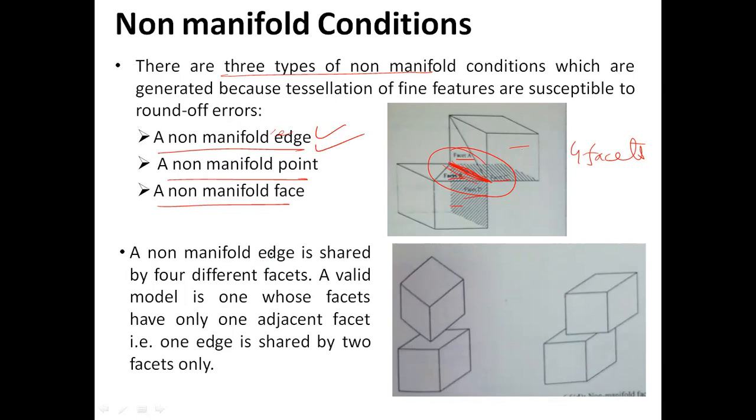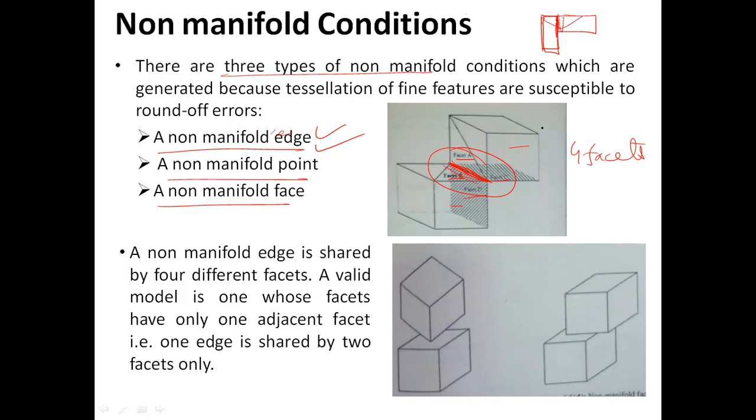It is found where you are trying to create an overlapping surface or overlapping figure, something like this. We create an object like this and then another object, and this is joined with respect to this edge. When you are joining with respect to this edge, you have to be very careful.